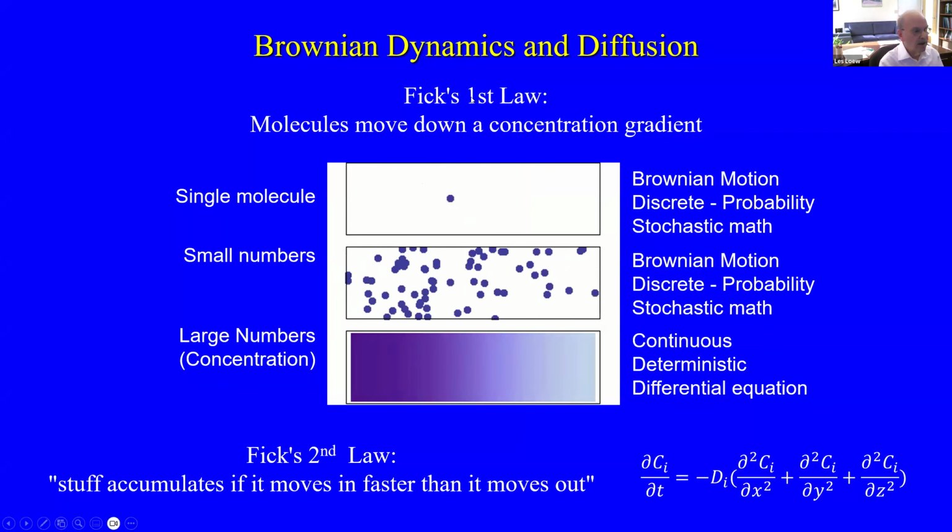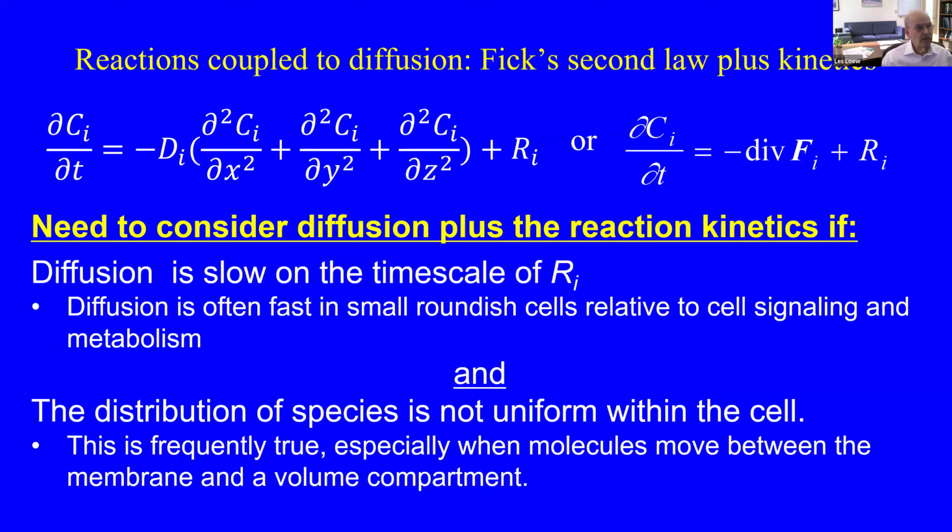Now, when you have reactions coupled to diffusion, then you simply have to add the kinetics to Fick's second law. And so this is the kind of equation that you would write down, and the kind of equation that Virtual Cell will solve for you.